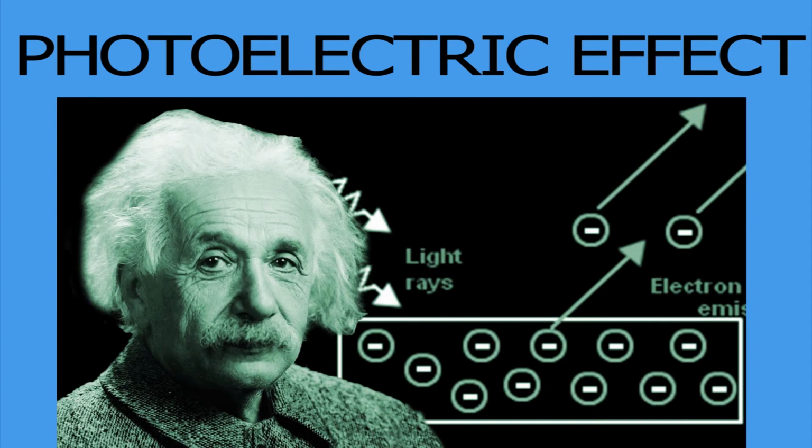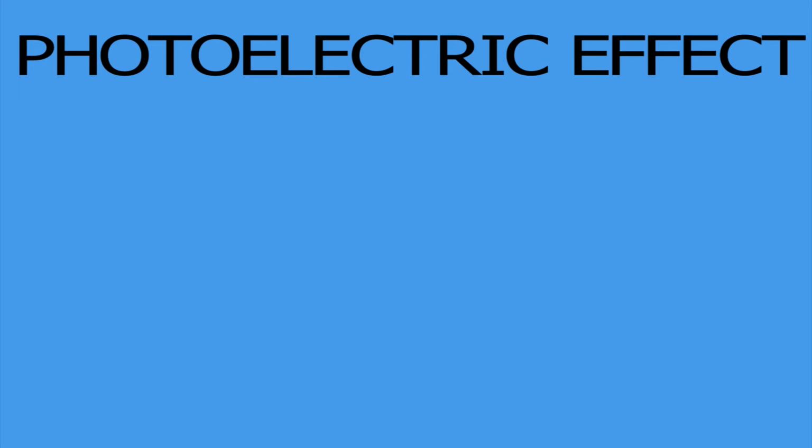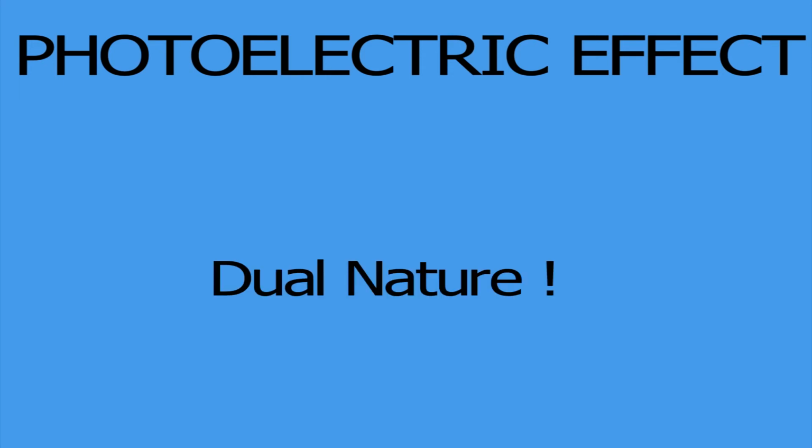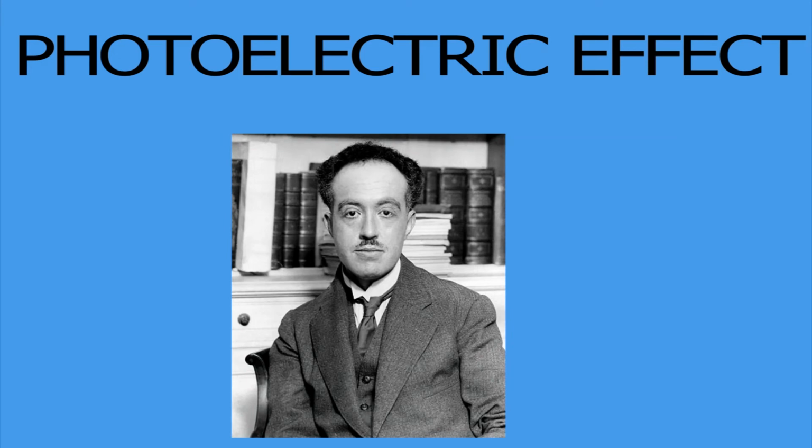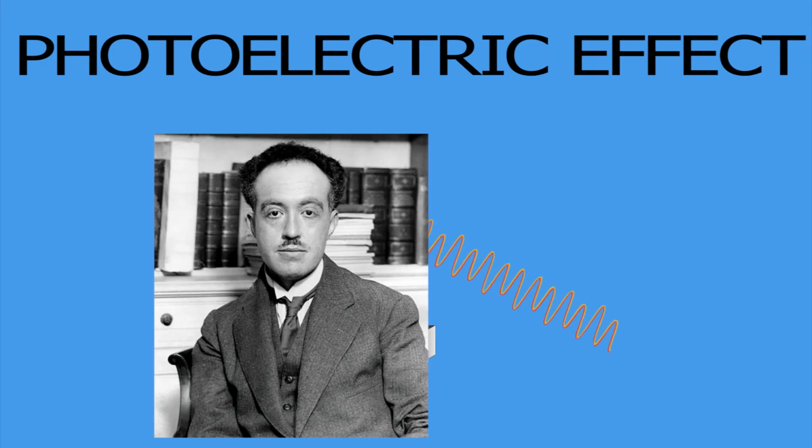This contradicts the assumption of light being a wave and led to many arguments, which were only settled by assuming the dual nature of light. That is, light behaves like a particle as well as like a wave, depending upon the type of experiment being conducted. While everyone focused on light's nature around 1920, Louis de Broglie had a very different vision.